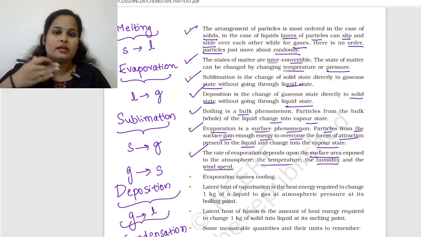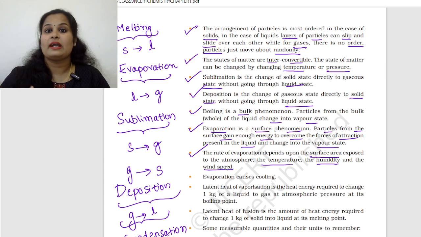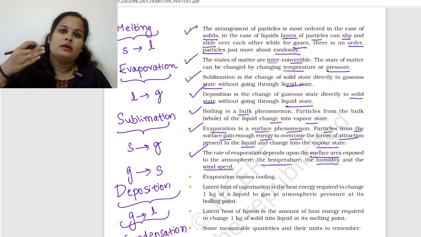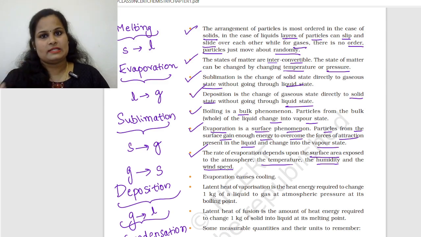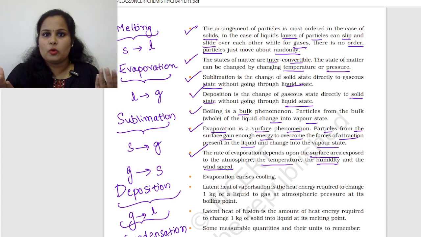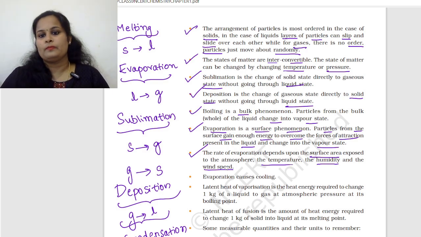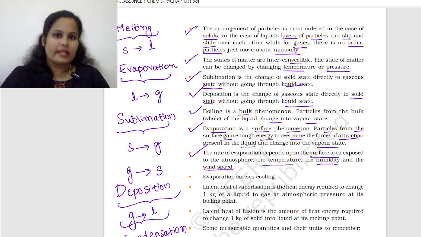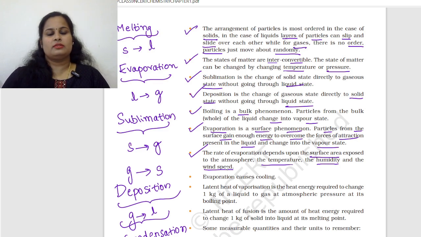So we can say the rate of evaporation and temperature are directly related. The second point, surface area and evaporation rate. It's again directly related. Whenever the surface area is more, particles will have enough chance to evaporate, and the rate of evaporation is again more. Wind speed is again directly related with the rate of evaporation.